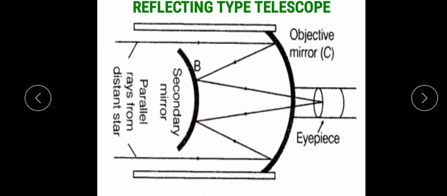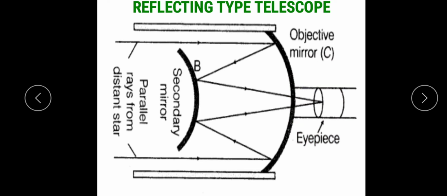You can take it as an eyepiece. Once the ray of light enters and falls on the objective mirror, it is reflected and falls on the secondary mirror. Due to this secondary mirror, the rays are reflected again and travel towards the eyepiece. Then the final image is seen through the eyepiece.